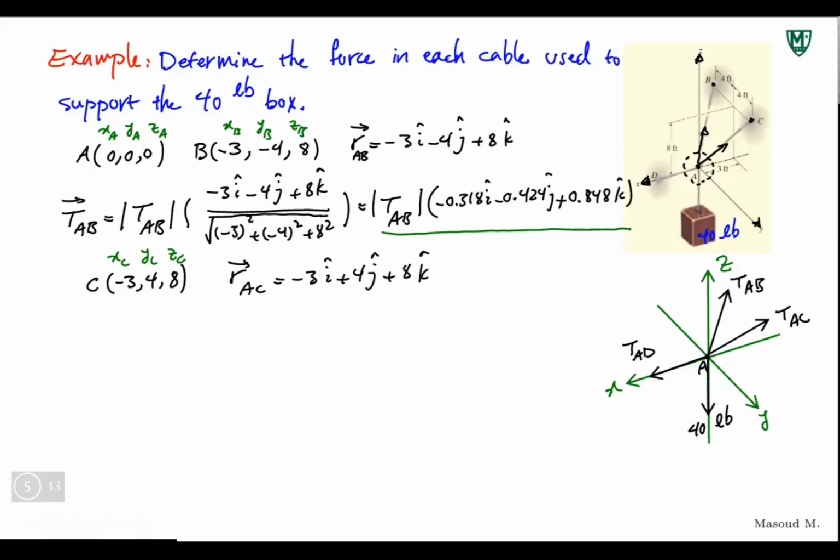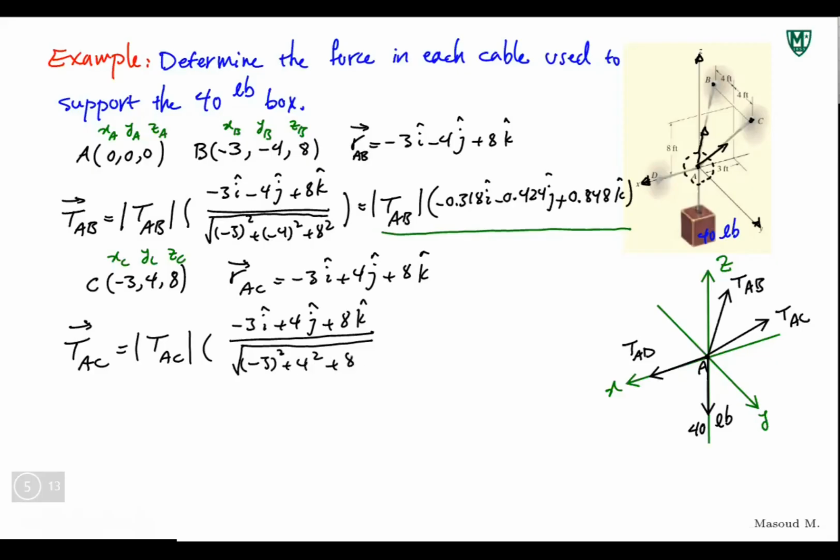Now, following the same process, TAC would be the magnitude of TAC, which I don't know yet, multiplied by the unit vector for AC. So minus 3i plus 4j plus 8k divided by the square root of minus 3 squared plus 4 squared plus 8 squared.